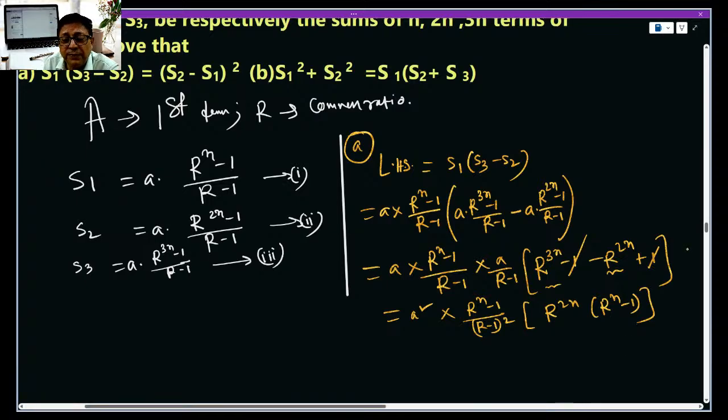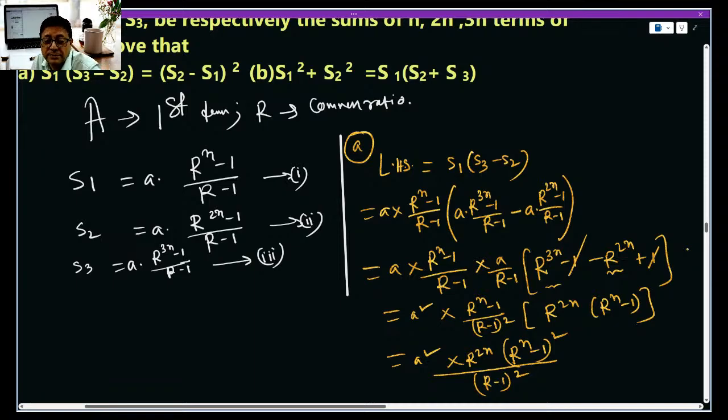So what does it give on simplification? A square into whole square by, am I correct? I found the left hand side. We need to prove this is S2 minus S1 whole square. Let us find S2 minus S1.